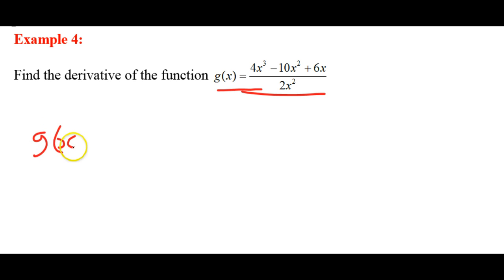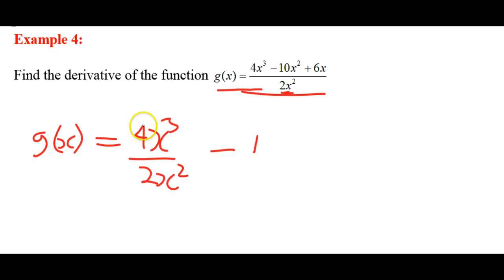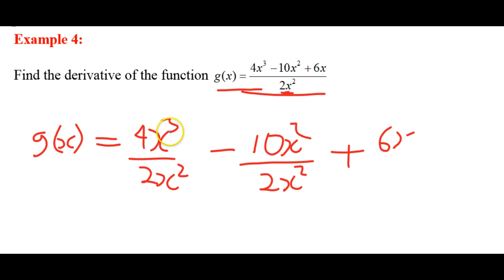The function is this. And so I'll first have to divide everything here by the denominator. So I can say 4x cubed over 2x squared, 10x squared over 2x squared, 6x over 2x squared. Because everything is divided by this, you can keep them in individual terms like that.